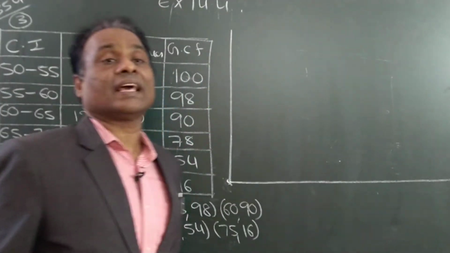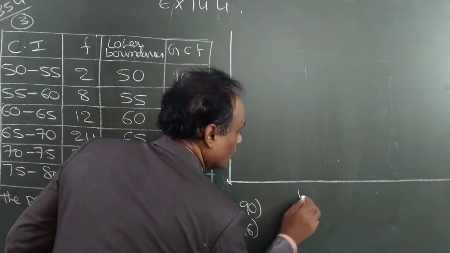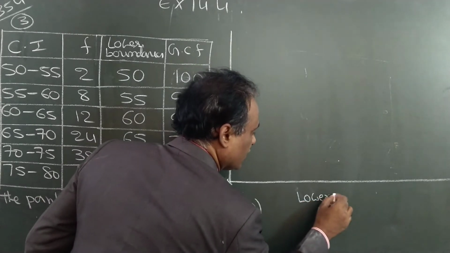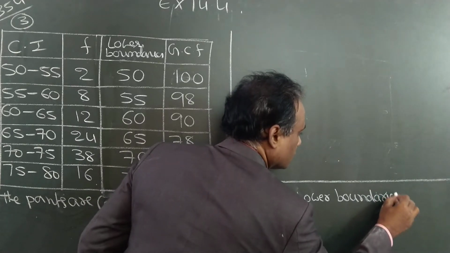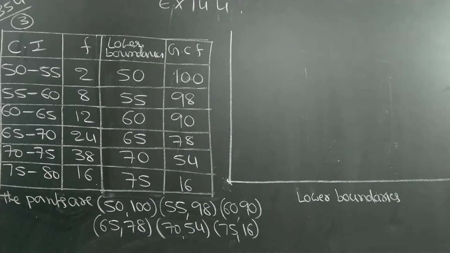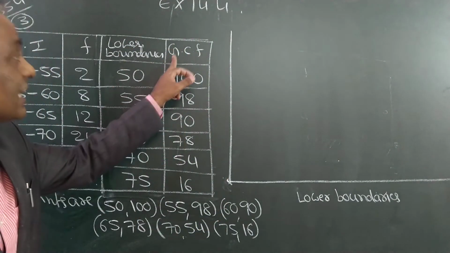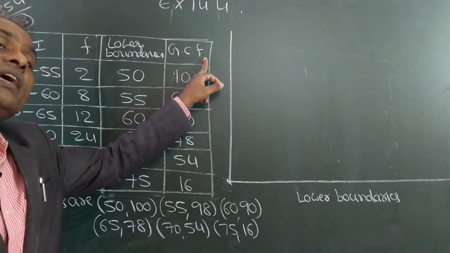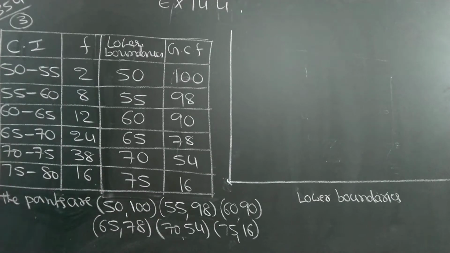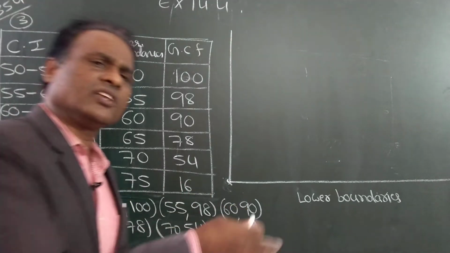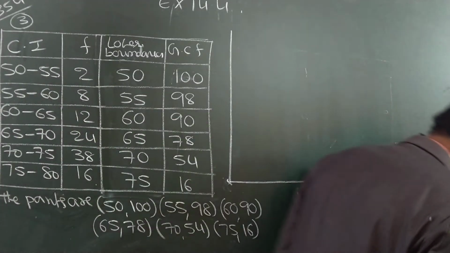On the horizontal line, on the x-axis, we take the lower boundaries. And greater than cumulative frequency on the y-axis. Greater than cumulative frequency is also called more than cumulative frequency. Greater or more than, say. Sometimes in most of the cases it is used as more than, but both are same. So more than cumulative frequency. Write down.